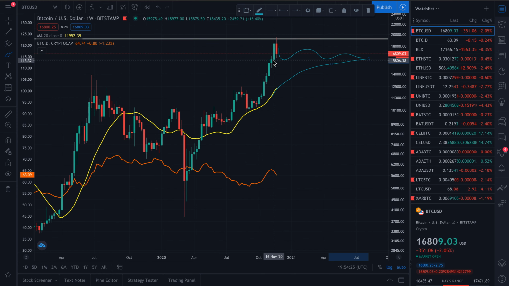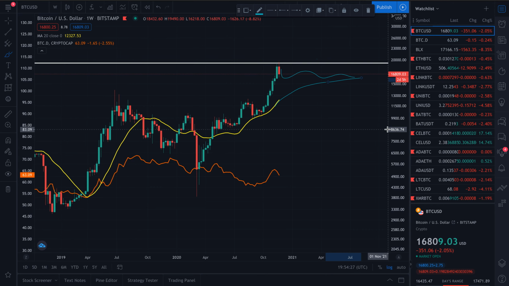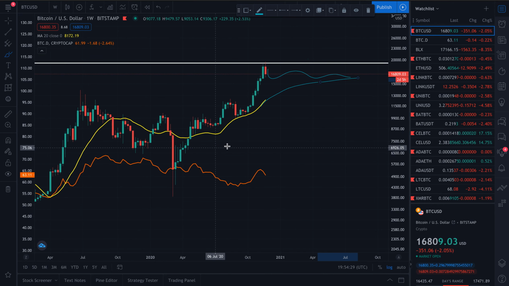But that doesn't mean that altcoins can't rally in the meantime. As we can see here, altcoins rallied in this period, and in this period. This is what I'm talking about. Bitcoin was trending down, but we saw dominance move down as well, meaning that altcoins were trending up.